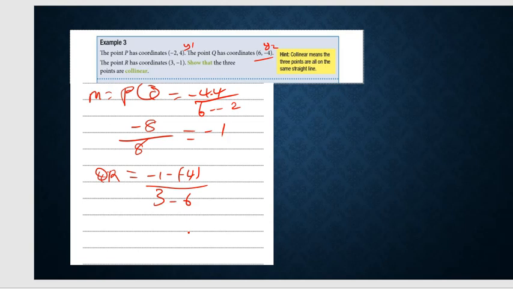And -1 minus -4 is 3. So you have 3 divided by -3. So this is also -1. So they are collinear. Since the gradients are the same and Q is on both lines, the 3 points are collinear. That is what we want to prove.